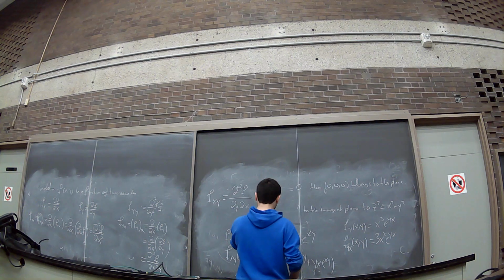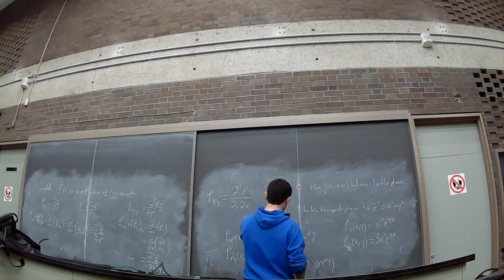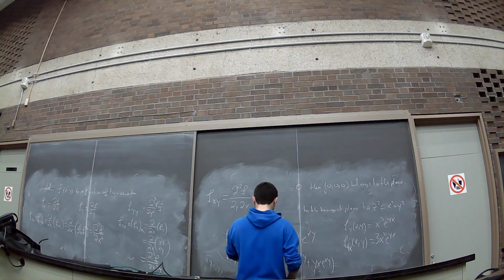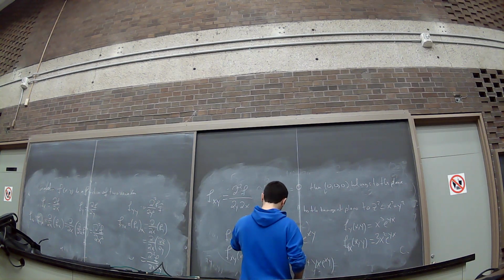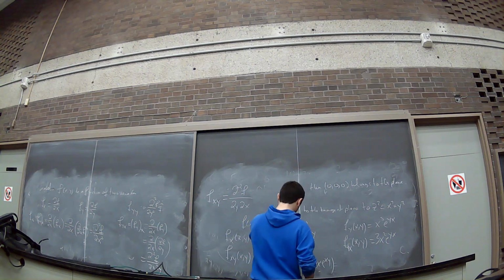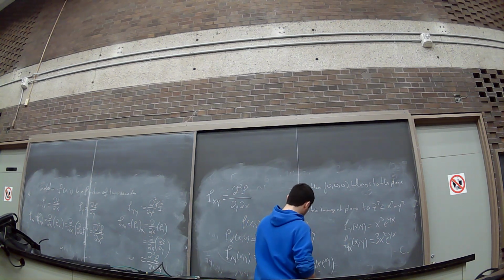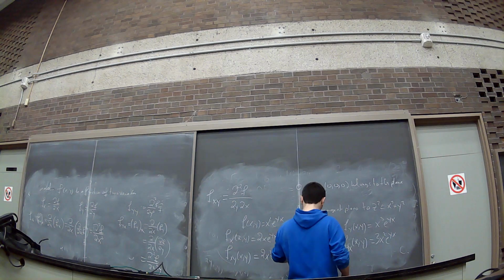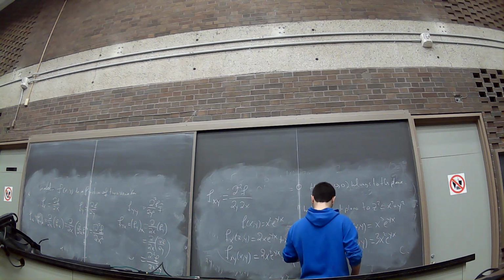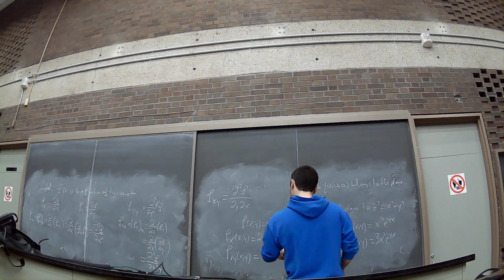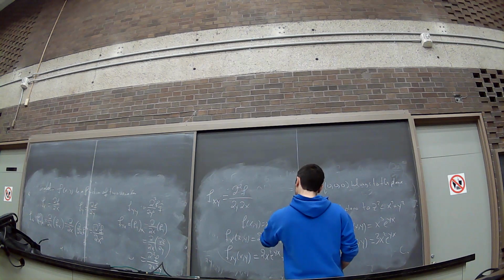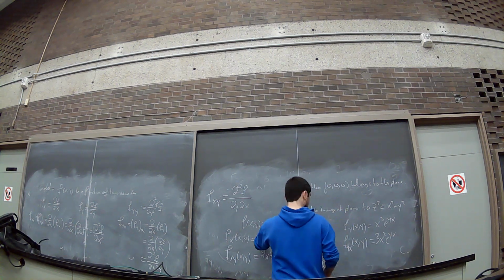So f_x is 2x e to the yx plus, I differentiate with respect to x, so y x squared e to the xy. This is good. Let me differentiate with respect to y. So you get 2x, this is good, plus x squared, I differentiate with respect to y, it's 1 e to the xy.